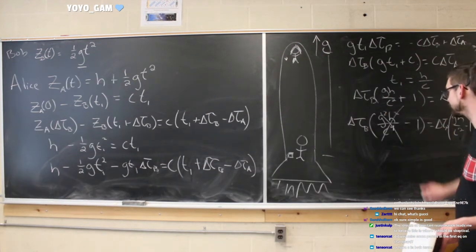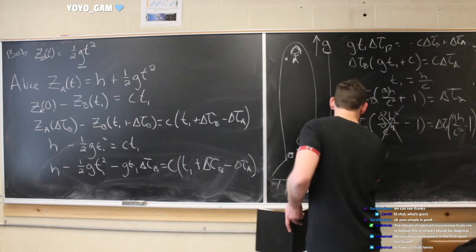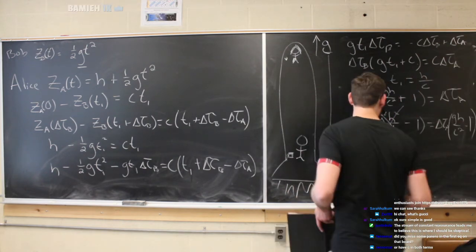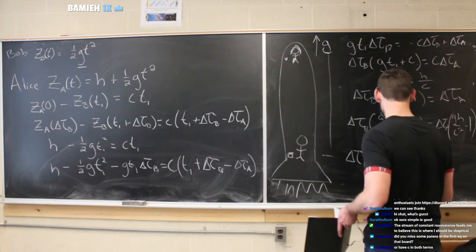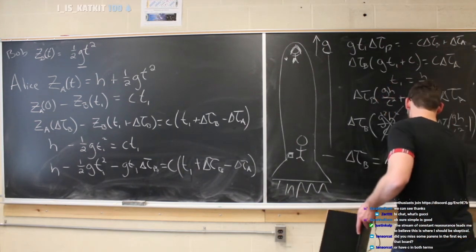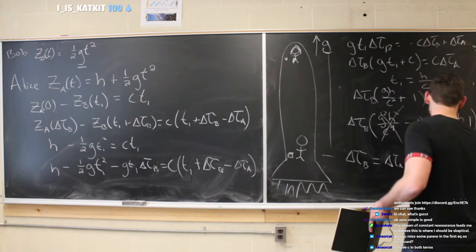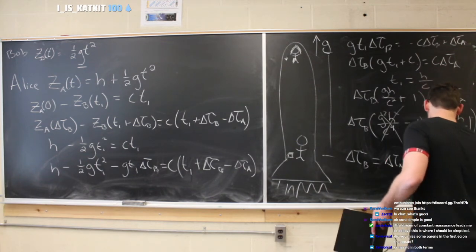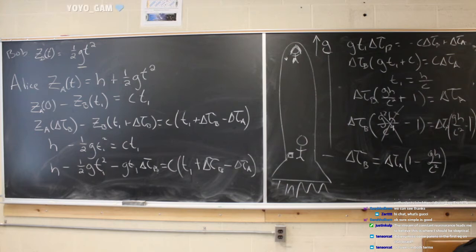So we're going to just ignore that for a second to see that delta tau b is equal to, and we're going to just move this minus over here, and we get delta tau a times 1 minus gh over c squared.